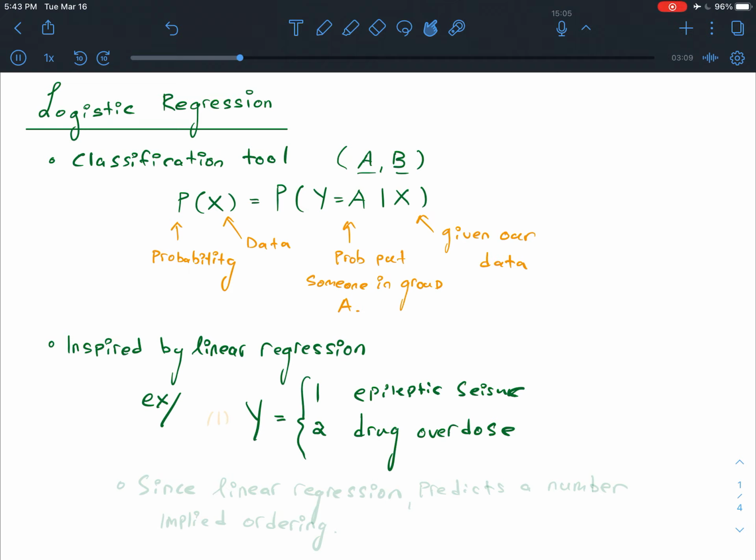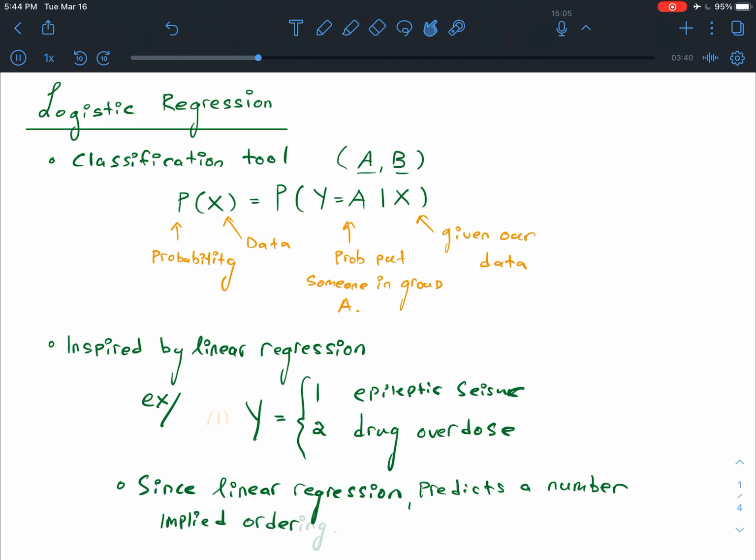The first issue, as we noticed in class, is that since linear regression predicts a number, there's an assumed, implied ordering going on here.